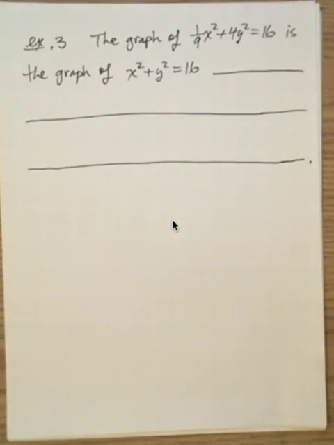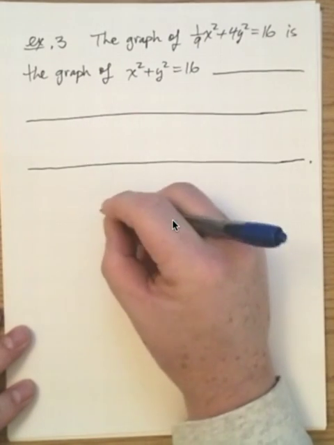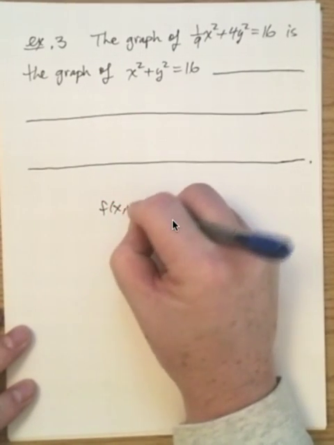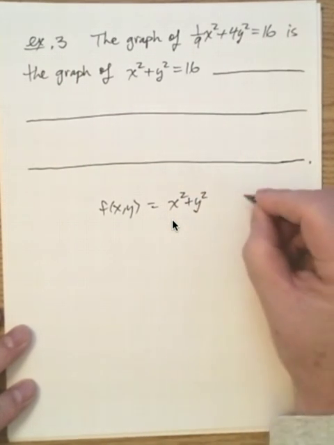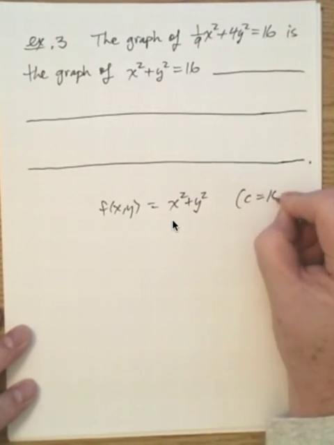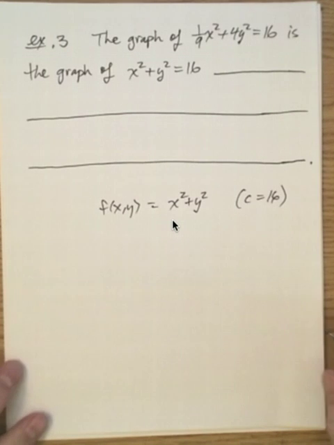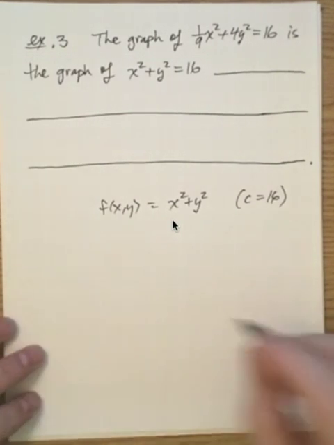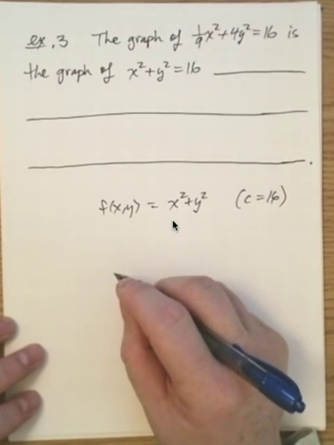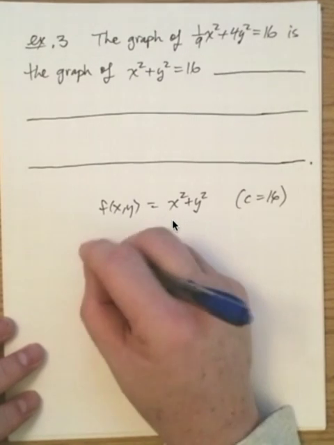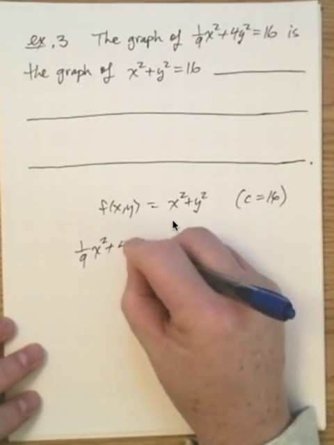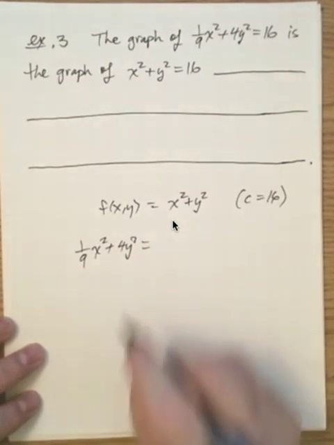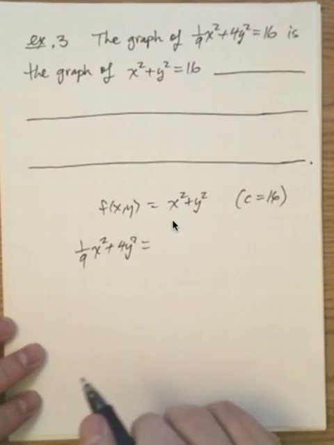Okay, so you notice my f of x, y this time is x squared plus y squared, just like last time. But c is now slightly different. It's 16. Doesn't matter all that much here as far as the action we're interested in. Now, when I'm looking at 1/9 x squared plus 4y squared, the function f of x, y is just the sum of the squares.